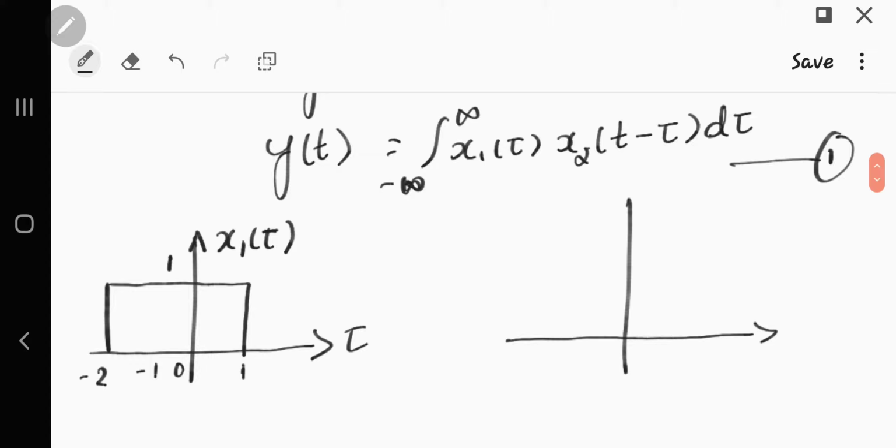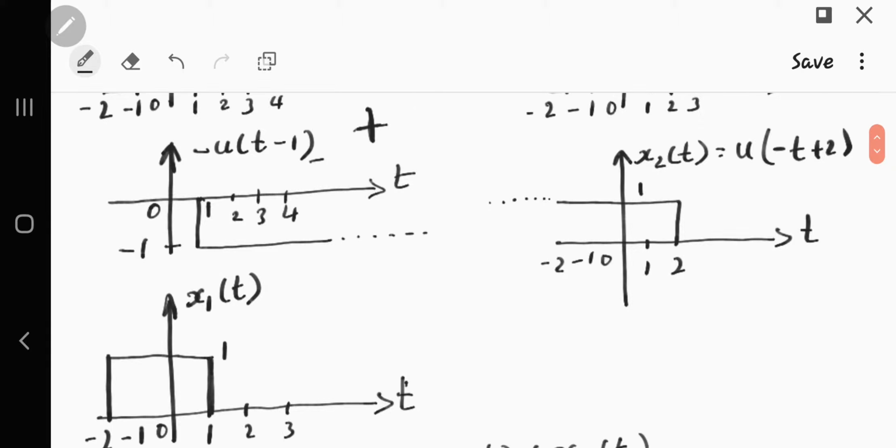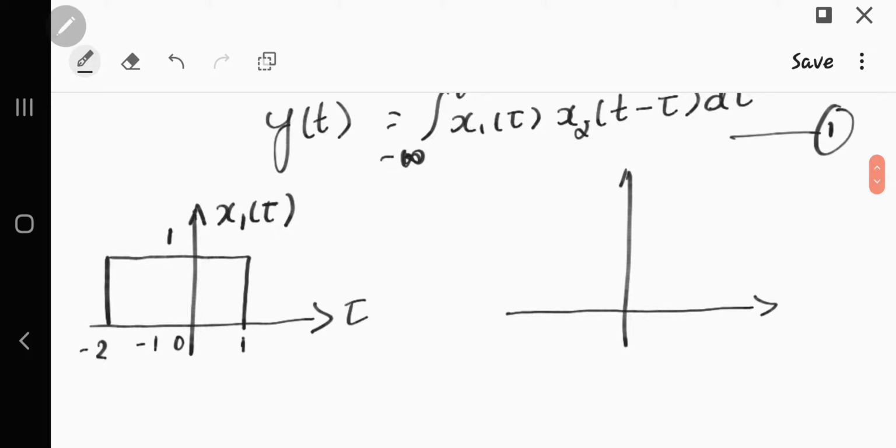We have x2 of t from minus infinity to plus 2, the signal exists, and after 2 it is 0. But when you take x2 of t minus tau, we have to take x2 of minus tau with t equal to 0. So I will directly plot this.